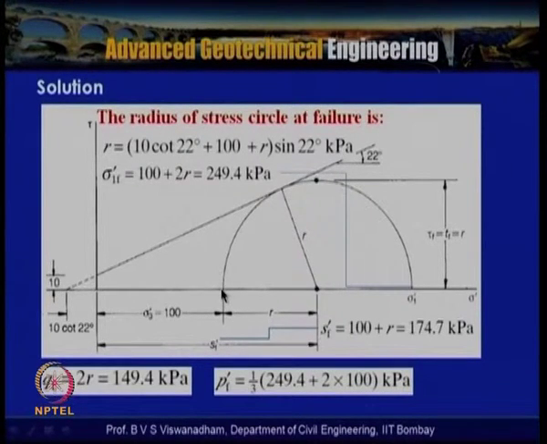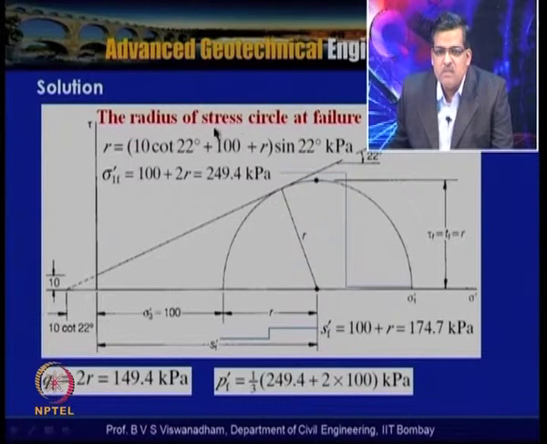Now what we do is that the radius of the stress circle at failure can be obtained like this. If you take this triangle, the radius is nothing but 10 cot 22 plus 100 plus r sin 22.